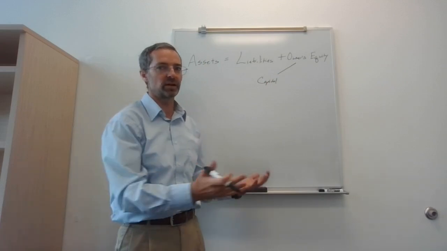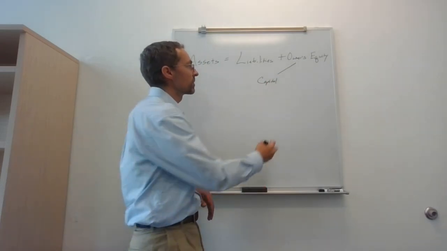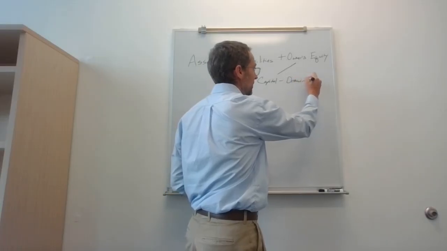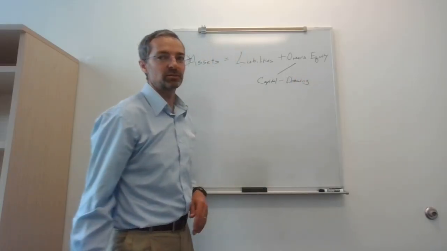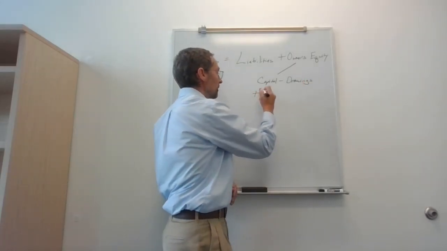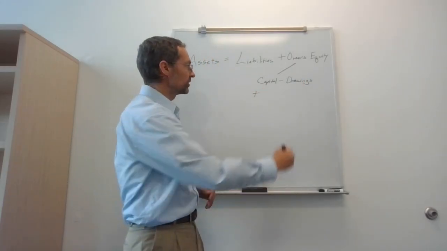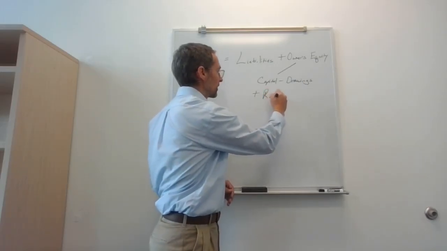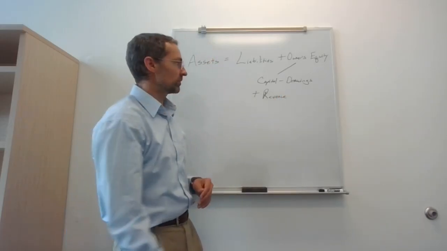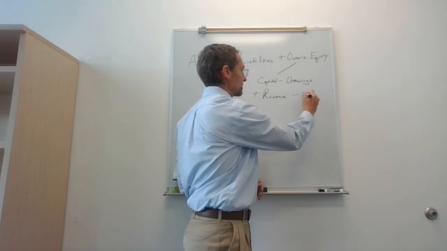So if the owner puts money into the business, it's owner's equity, minus the money that the owner has taken out, which is drawings, plus what we have earned in the business, or revenue, and the resources we have used, the expenses.